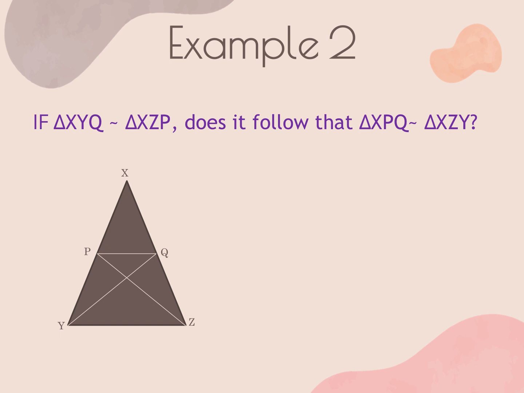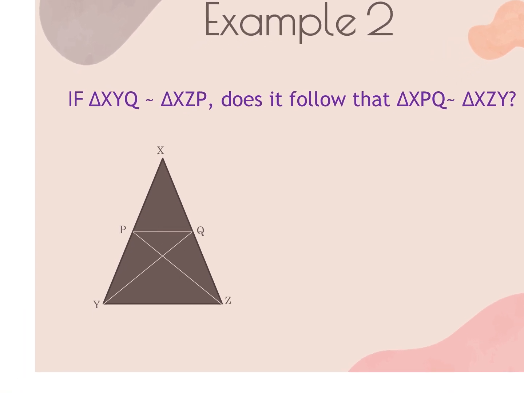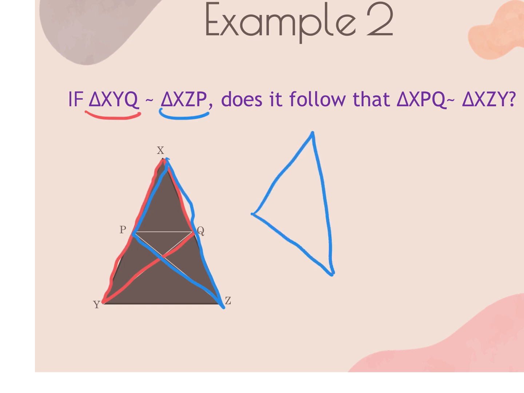So for example 2, they're giving me that this triangle XYQ right here is similar to XZP. So let me go ahead and redraw these so I can find the corresponding parts.